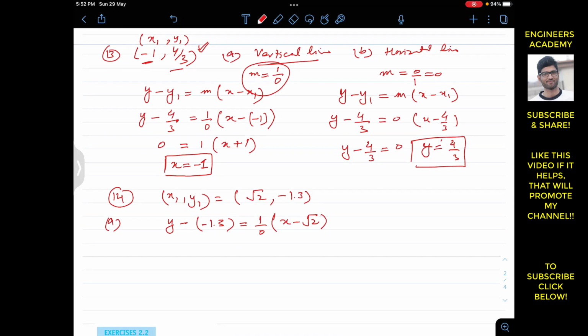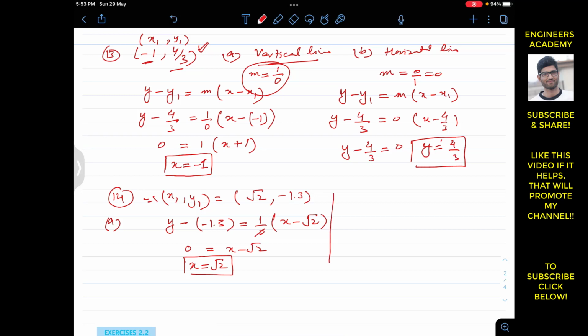If we again multiply both sides of the equation by 0, this will be cancelled out, and the left hand side will become 0, equal to x minus square root 2. So x will be equal to square root 2, and this is the equation of the vertical line which is passing through this point.